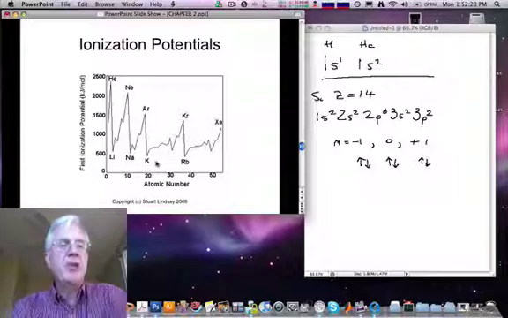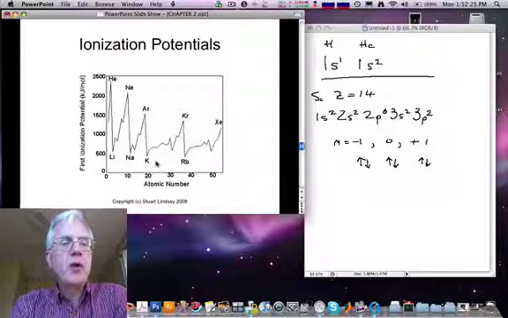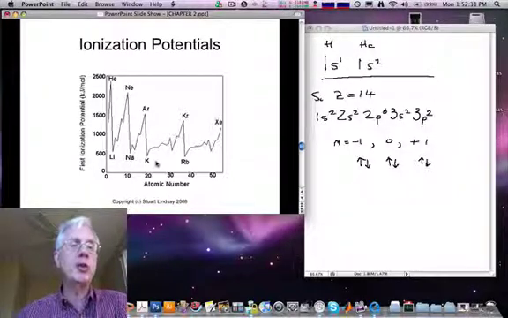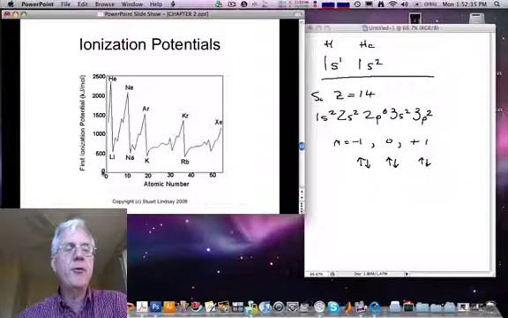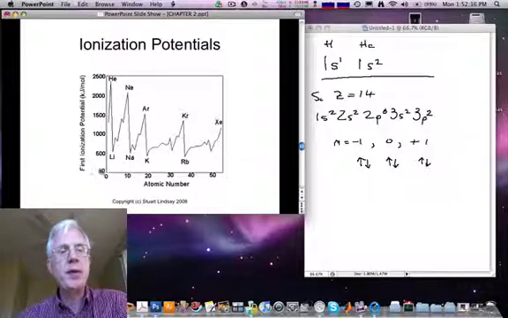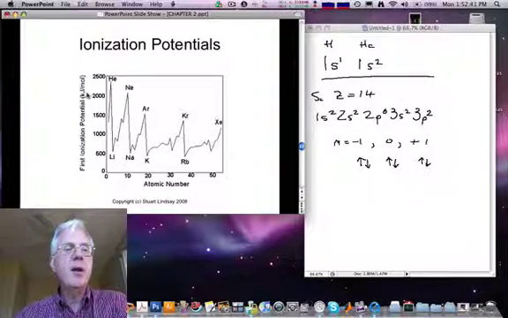So finally, let me just show you some numbers to show just how enormous this effect of forming a stabilized full shell is. So this is the ionization potential now. First ionization potential, meaning the energy required to remove one electron. It's expressed here as kilojoules per mole.